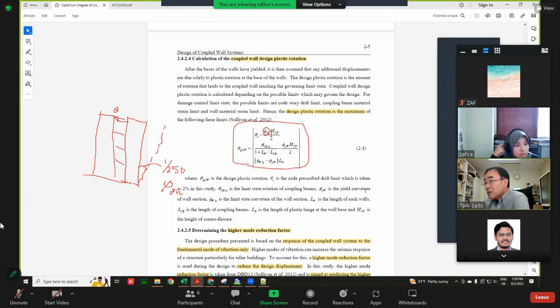Theta c is the drift limit taken as 2%. Limit state rotation of the coupling beam, and the yield curvature of the wall section.